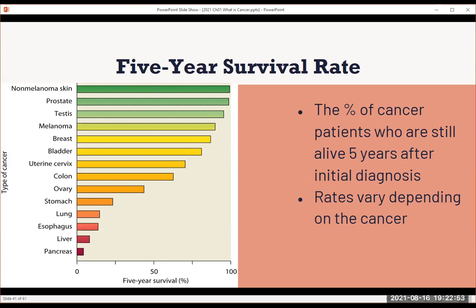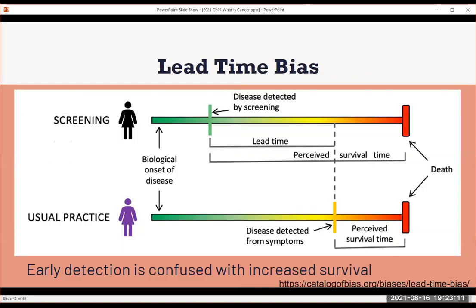You can see that different tumor types have different 5-year survival rates, and they can vary quite widely. That's shown here, the different tumor types and their 5-year survival rate. Something to keep in mind is lead time bias.